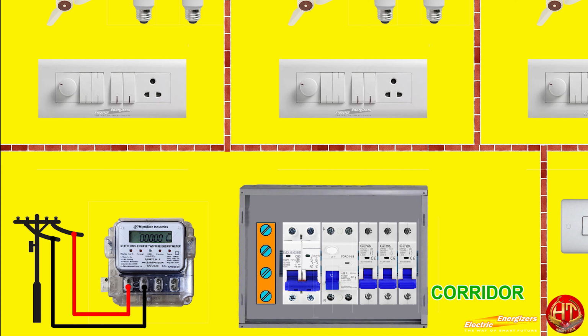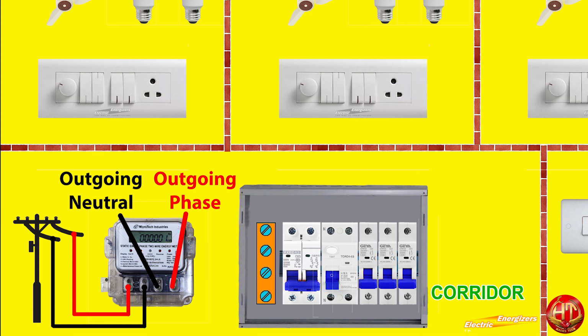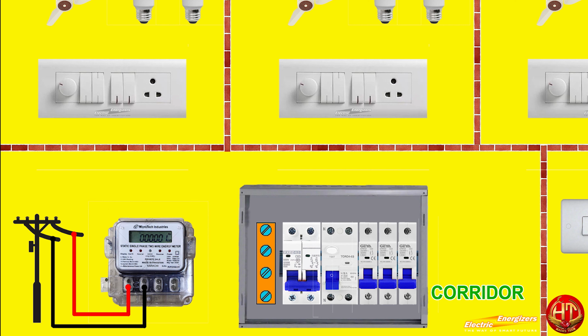Then the energy meter's third terminal is outgoing neutral and the last terminal is outgoing phase. Therefore we connect the third terminal, outgoing neutral wire, with any one bottom terminal of the 2-pole MCB, and the fourth terminal, outgoing phase wire, with the other bottom terminal of the 2-pole MCB.